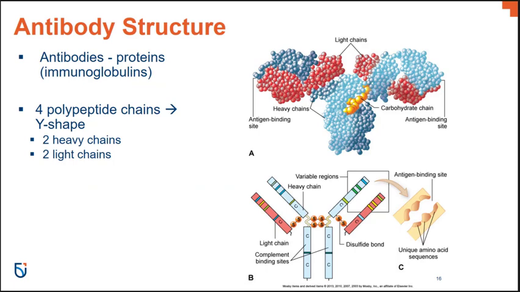So what are antibodies? Antibodies are a protein of the family called immunoglobulin, and you'll see that written as Ig. Like all proteins, antibodies are very large molecules, and they're composed of a long chain of amino acids called a polypeptide.